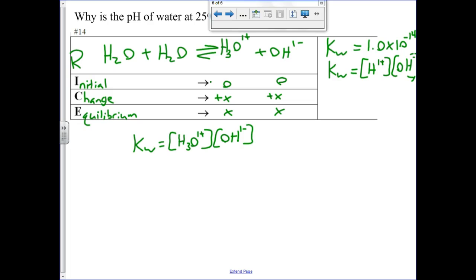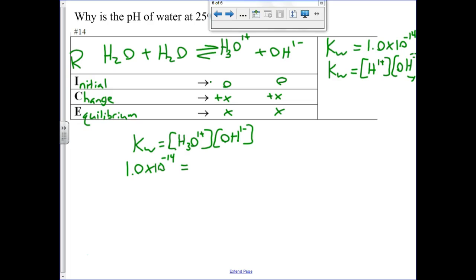We know Kw is 1.0 times 10 to the negative 14. And that's going to equal what we have at equilibrium. At equilibrium, hydronium ions equal X. Hydroxide ions equal X. We have to solve for what that concentration is going to be.